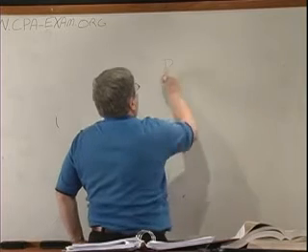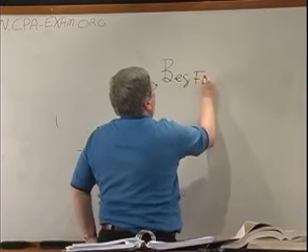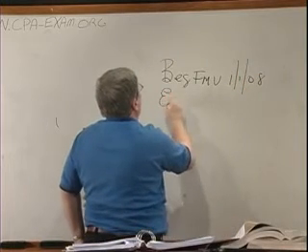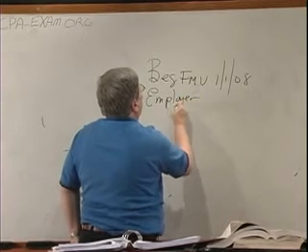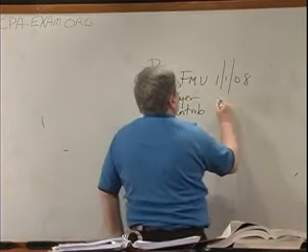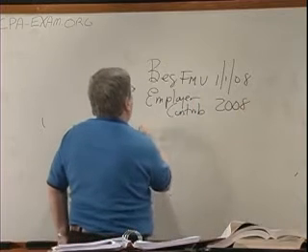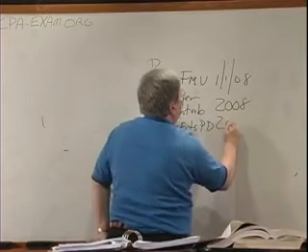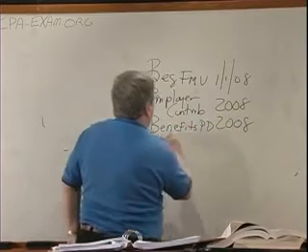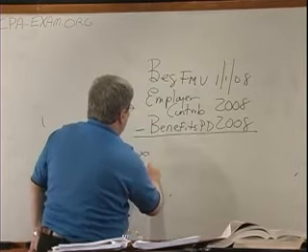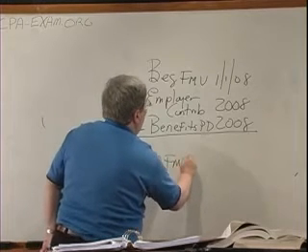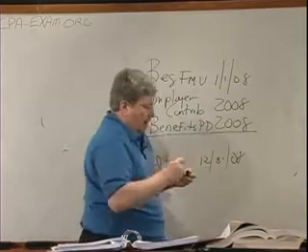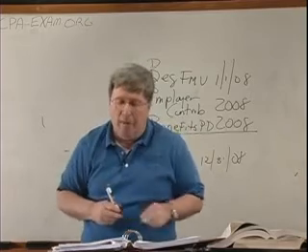Now you take the beginning fair market value of the assets at 1/1/08, you add employer contributions in 2008, you subtract any benefits paid in 2008, and then you compare that to the ending fair market value at 12/31 of 08.